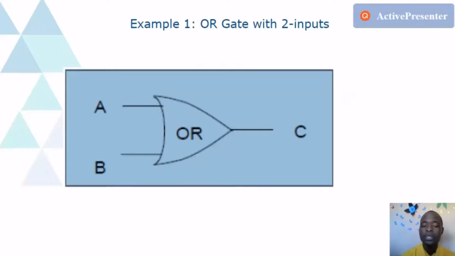Now, we're going to look at our first example on the OR gate.